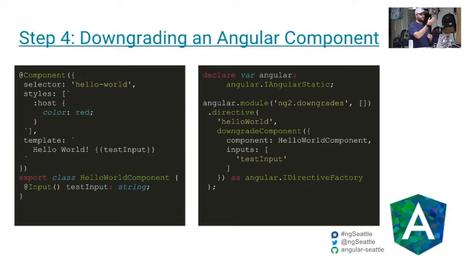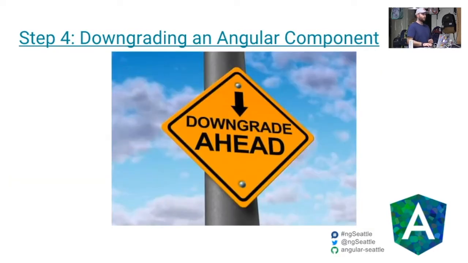So you call downgradeComponent, you tell which component it is downgrading, you declare the inputs as an array of which inputs the app uses. In this case, it's just testInput. And then you call it as a .directive factory. If you're going to be downgrading a service, where you see that .directive, you would just include a .service, and then you can just chain those together for as many as you are downgrading.